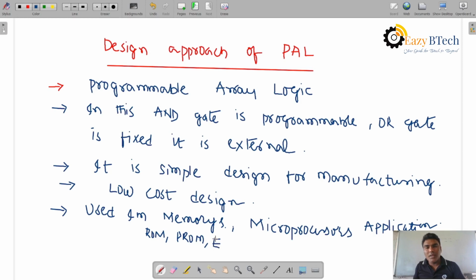That is electrically erasable, electrically programmable read-only memory, so we can erase the data and rewrite it like memories.